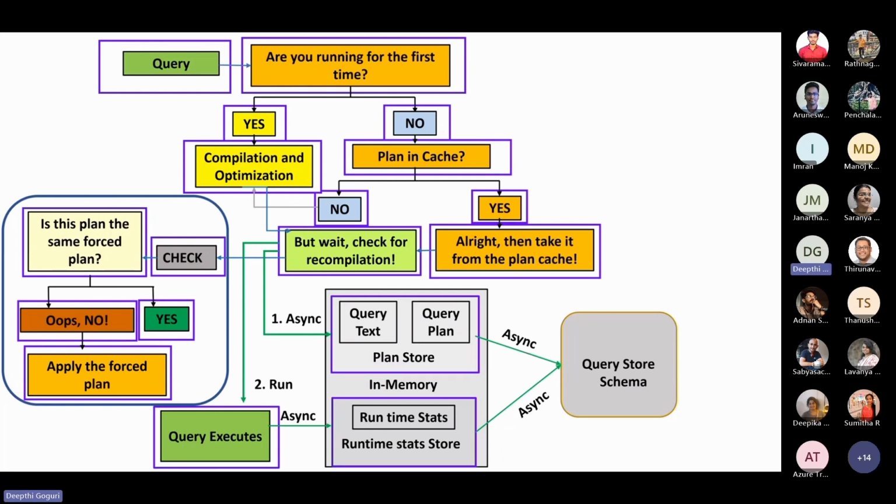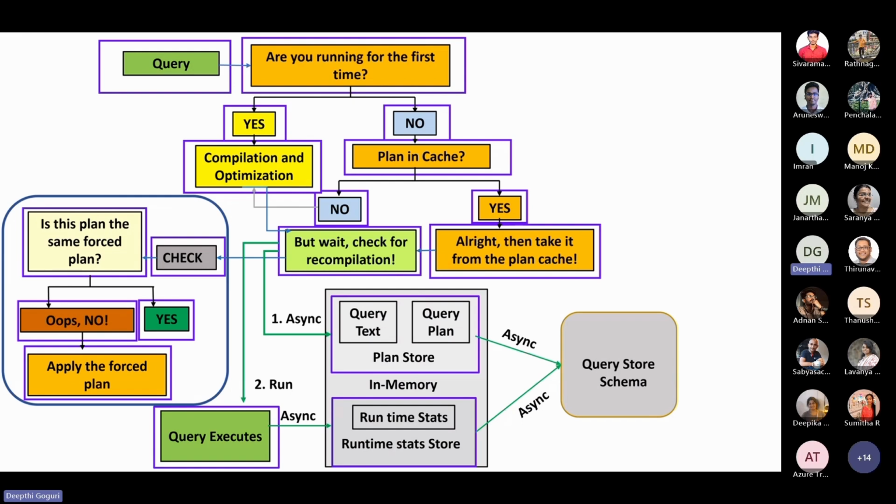Once that interval is hit, all of this information will be pushed to the query store schema. But sometimes there might be memory pressure on the SQL Server. In that scenario, it can push the collected data into the query store schema a little earlier, before hitting that interval limit.